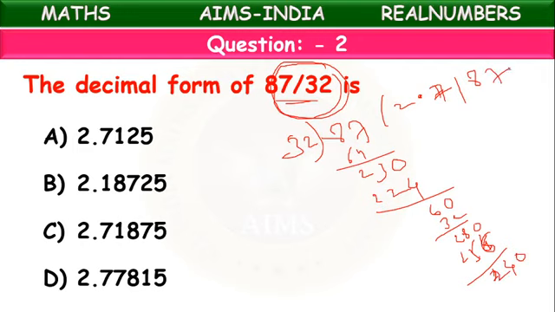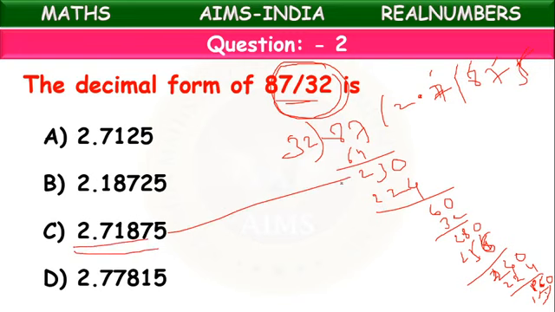Means 7 times. 7 2 14, 224. 16. Like this. 160 here. Means 5 times, 160. Cancel. So what is the answer, children? 2.71875. We can divide and we can find the number of decimal places.